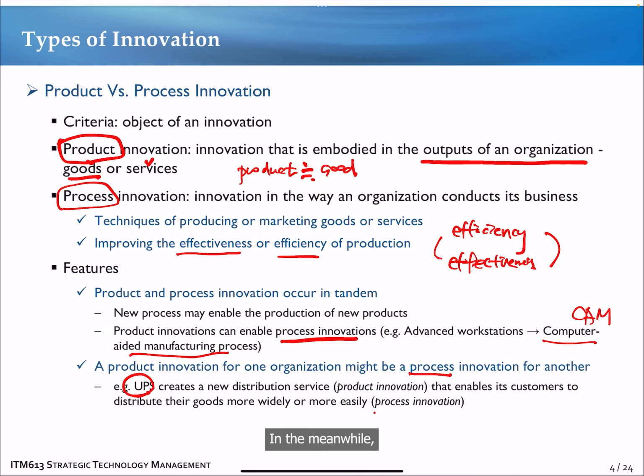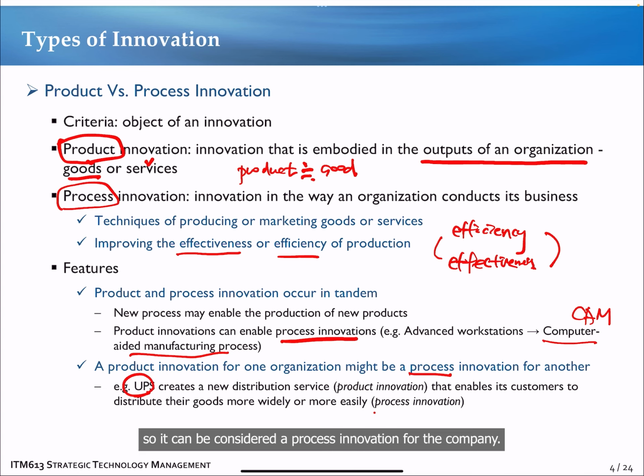Meanwhile, a customer company of UPS uses the new delivery service to reach out to its customers. The company can reduce the processing time to customers, so it can be considered a process innovation for the company.